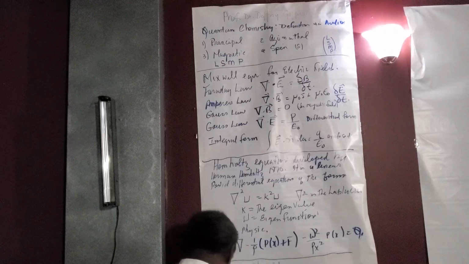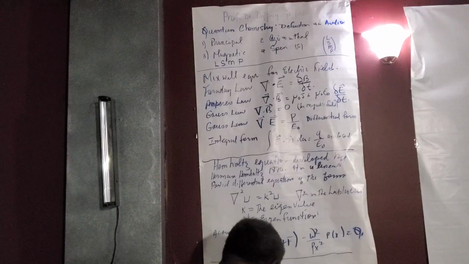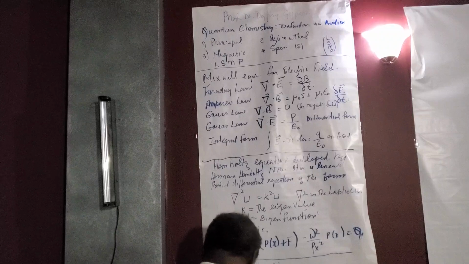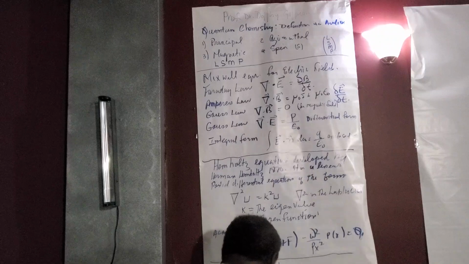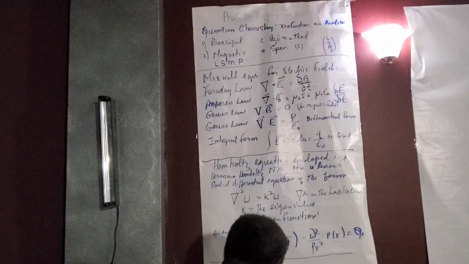And the Slater determinant, this is chi, the Greek letter chi.